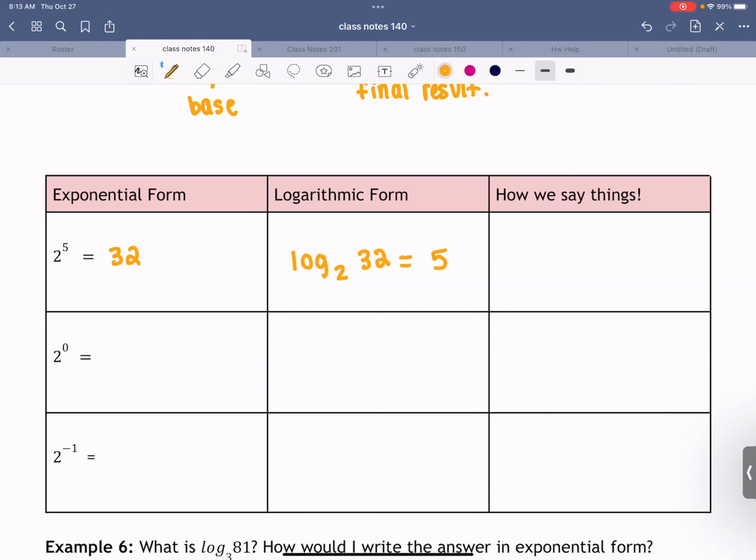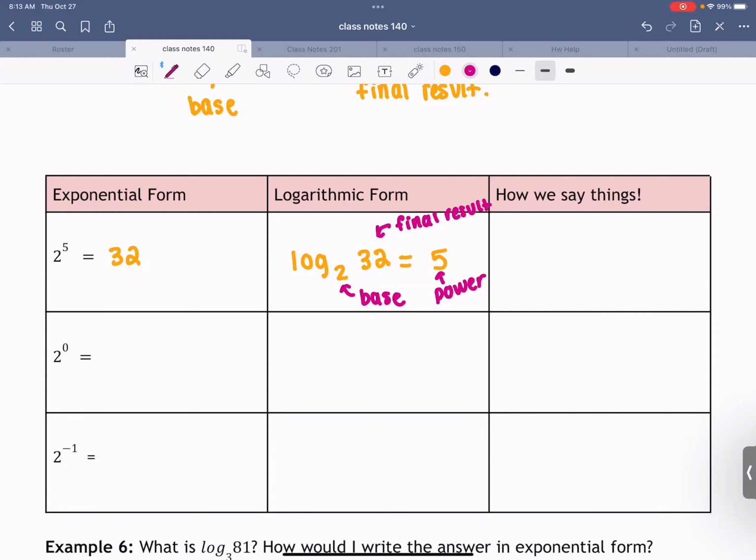Okay. So essentially what I'm doing is I rearrange all the different letters. So 2 is still my base, but it's in a different spot. My final result doesn't come last, it actually comes second. Okay. So this is the final result. And then 5 is the power.